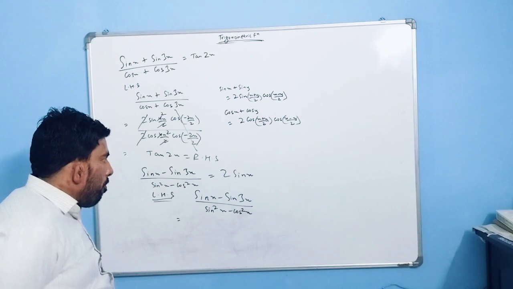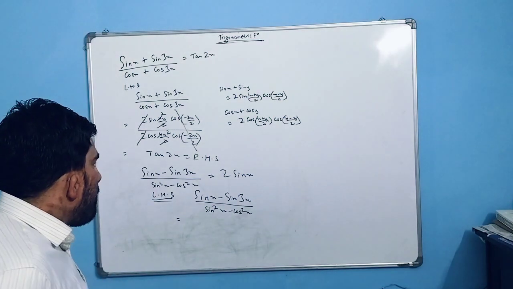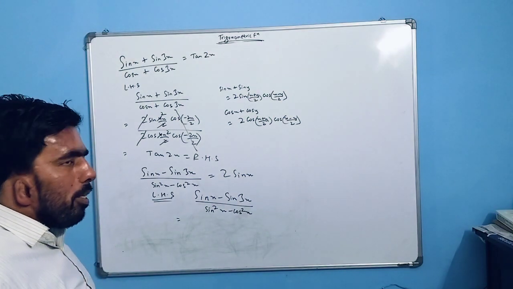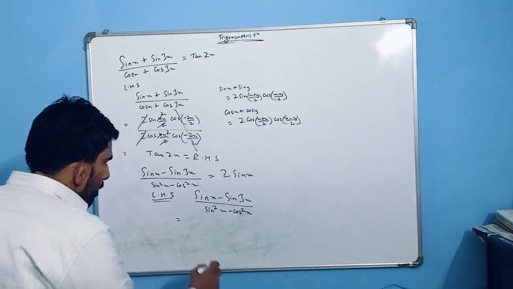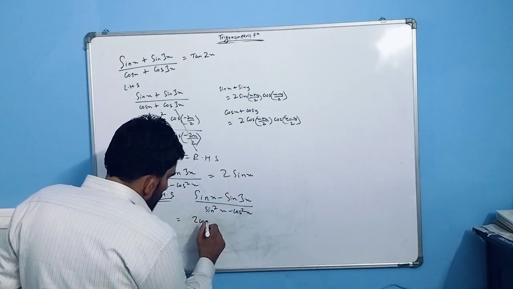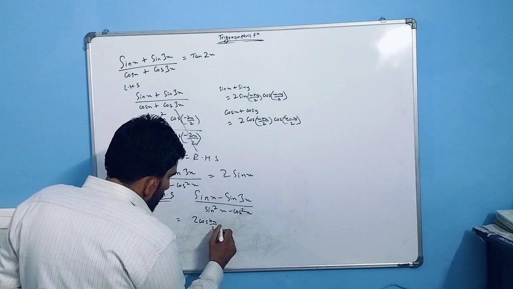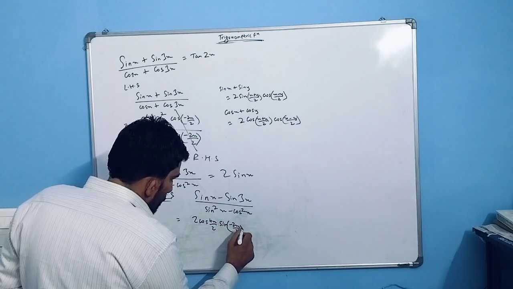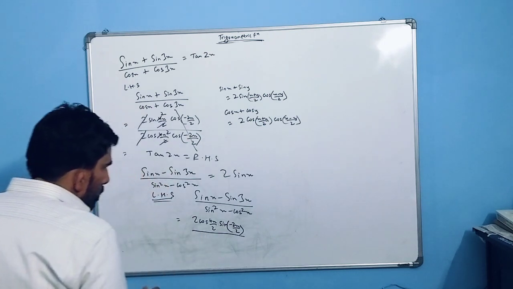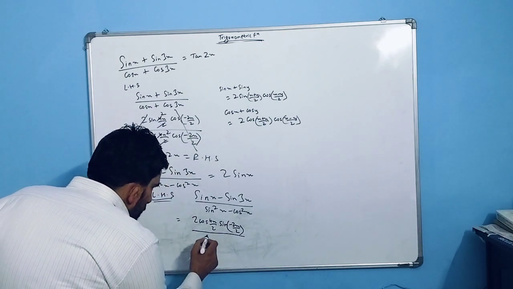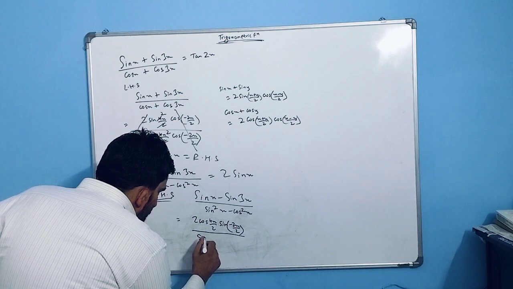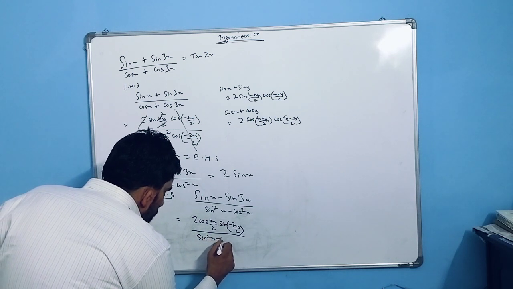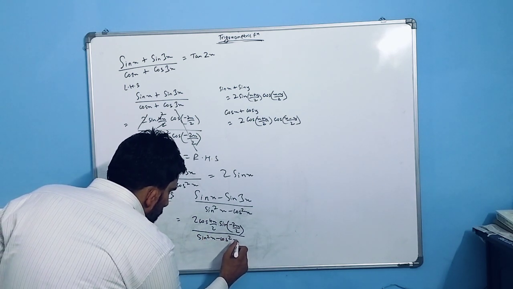So we'll apply the identity, that is sin x minus sin y, which gives 2 cos (x plus y)/2 sin (x minus y)/2. Now here I am getting this sin square x minus cos square x in the denominator.